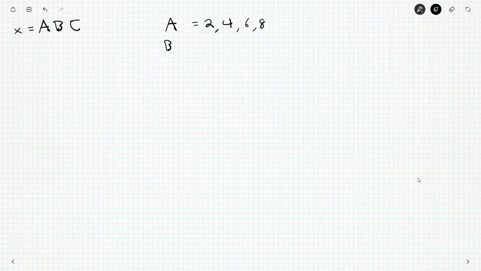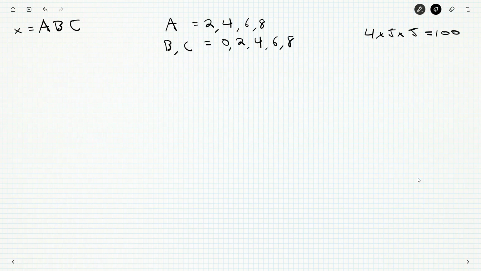But B and C, there's nothing right now stopping them from being 0. So we can include 0 in our list: 0, 2, 4, 6, and 8. So I've got 5 choices for B, 5 choices for C, and 4 choices for A. 4 times 5 times 5. There's only 100 three-digit numbers that even have all even digits.